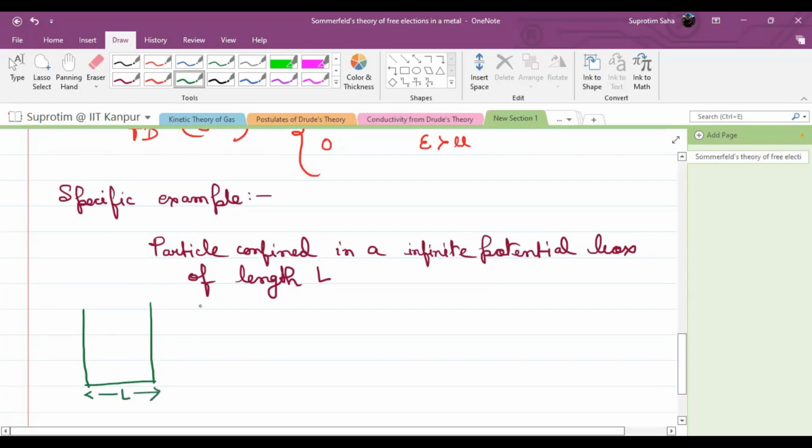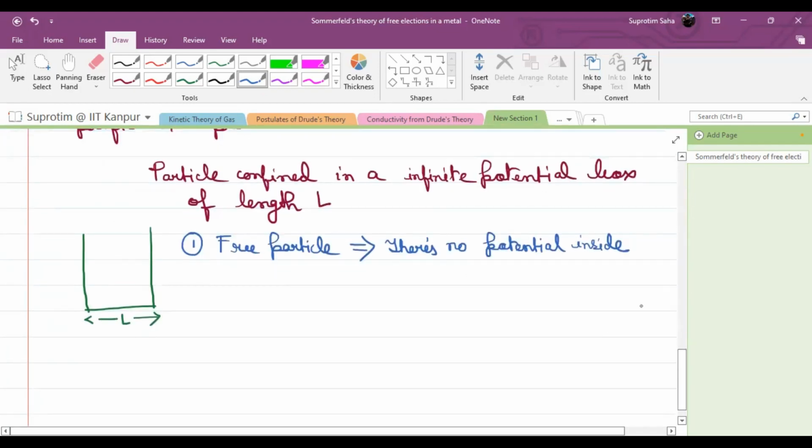So what will help us is the Schrodinger equation. So the points are that this is a free particle, which implies there's no interaction, there's no potential inside, only kinetic energy. So no potential. All right. Now we use the Schrodinger equation.